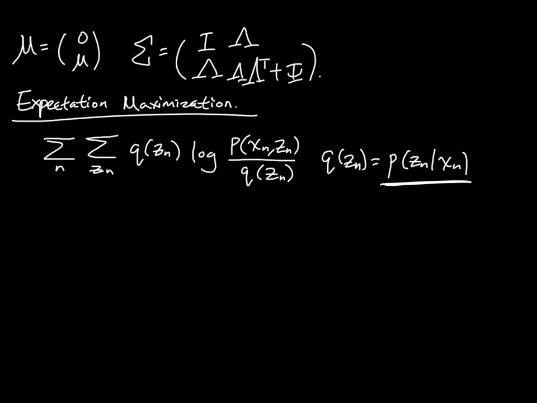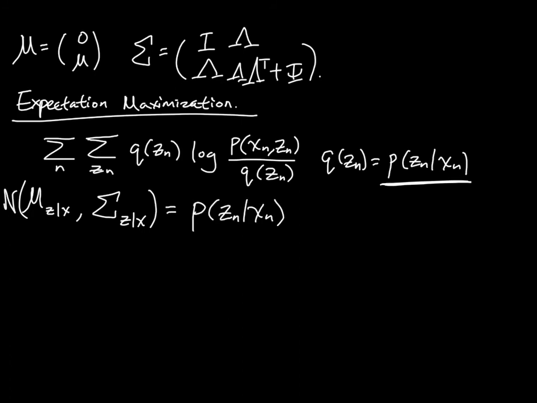It's the normal of mu of z given x, sigma of z given x, which is equal to the probability of zn given xn. And how do we get these things? Remember what we said before about mu of 2 given 1 and sigma of 2 given 1.